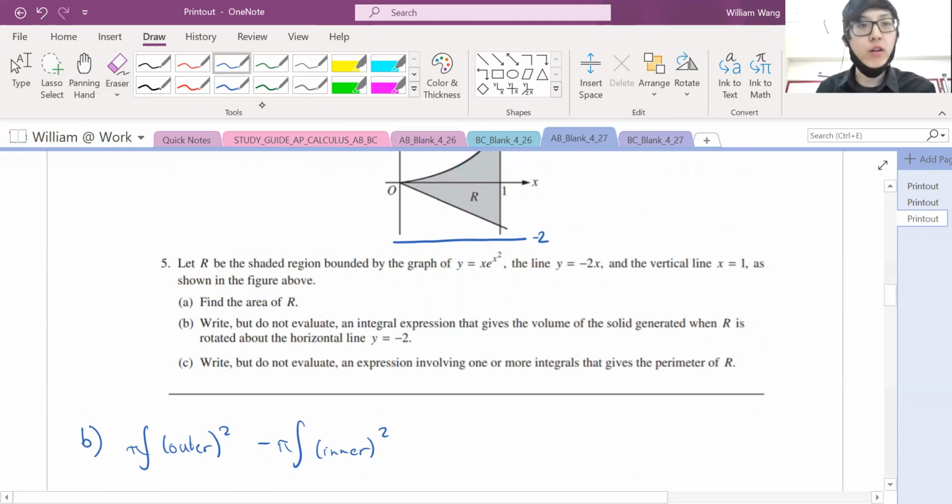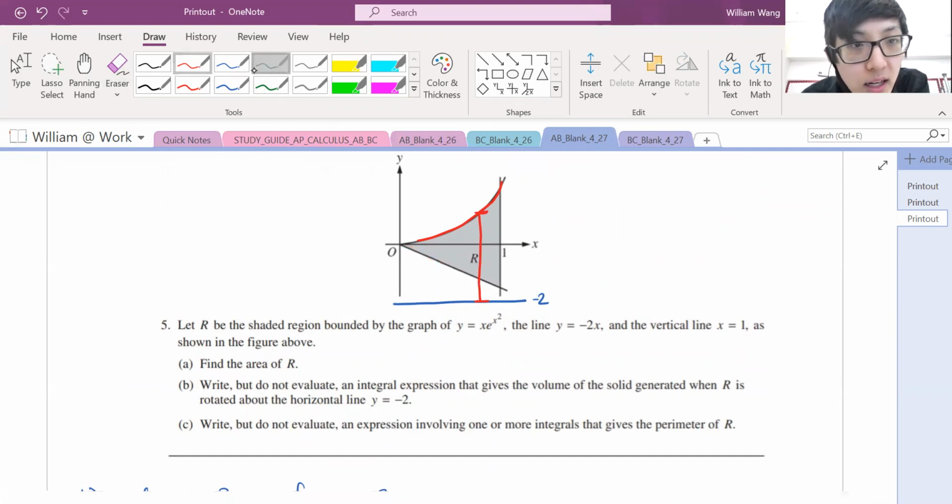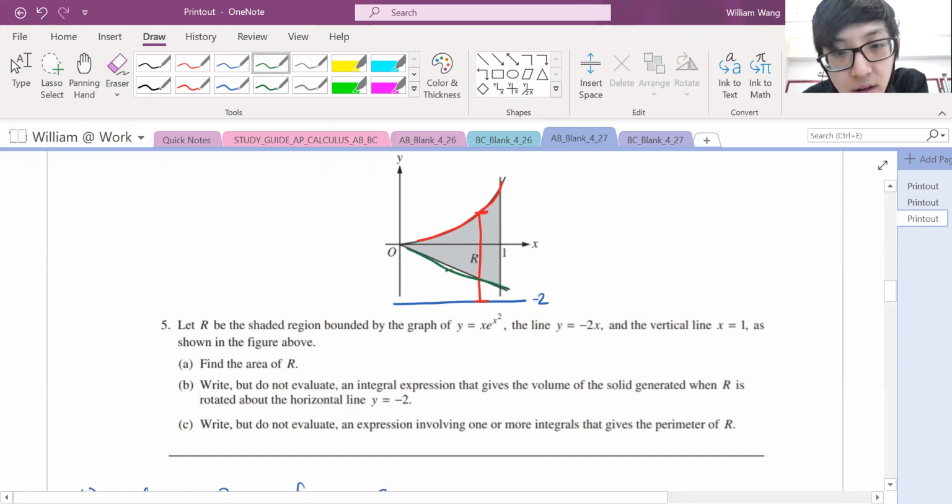So when I revolve around -2, what is my outer function? Well, my outer function is clearly going to be this function, right? It's the one that's outer, has a bigger radius when I revolve it, right? It goes from here to here. Whereas this function, I'll mark this in green actually, that's my inner function, right? It goes from here to there. You can imagine when I revolve around it, it has a smaller radius.